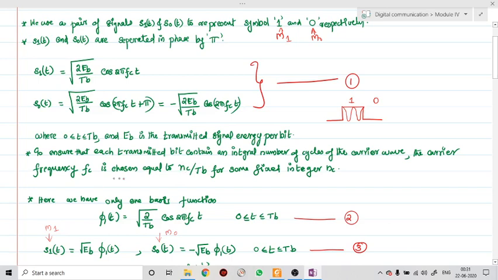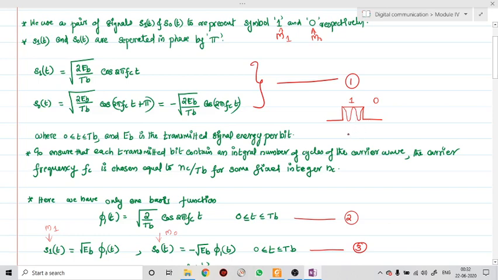Fc is chosen as 1 by Tb. 1 by Tb is simply the inverse of this interval, something like a frequency of this bit duration. So my carrier frequency is an integral multiple of that frequency, so that I will have an integral number of carrier cycles in a bit duration.